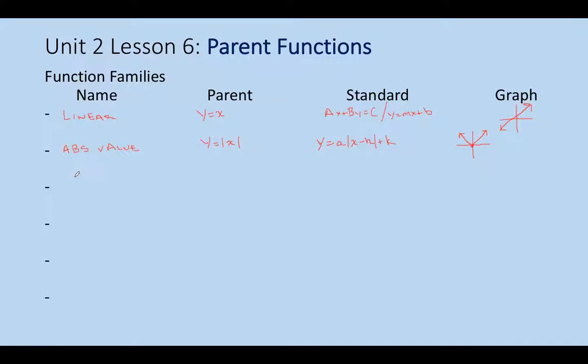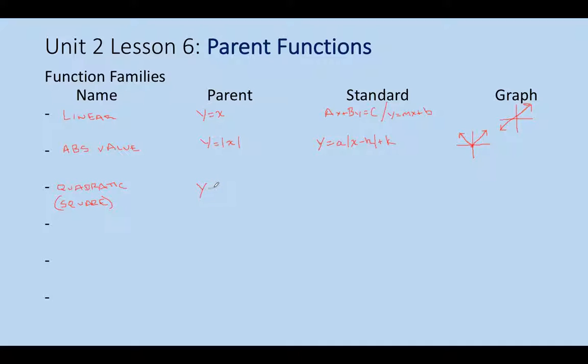All right, the next family that you're probably most familiar with is the quadratic family, or in other words, the square family. Again, there are a lot of connections between this and the absolute value family.